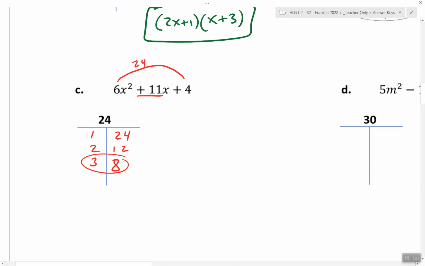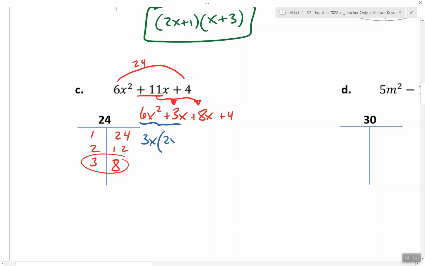So again, we're going to split the middle term here. So we'll have 6x squared plus 3x plus 8x and then plus 4. So we just changed that positive 11 there into 3 plus 8. And now we can factor by grouping. 6x squared plus 3x, we can take out a 3x there.